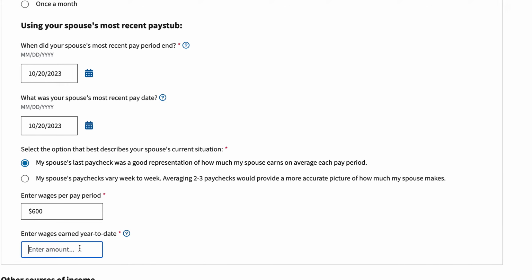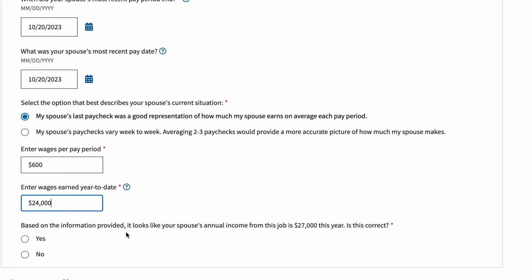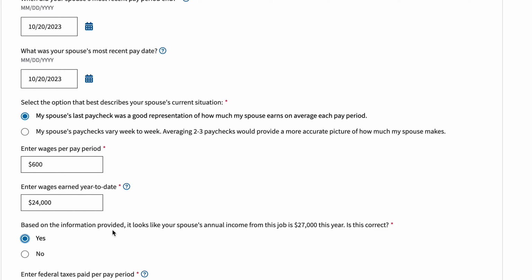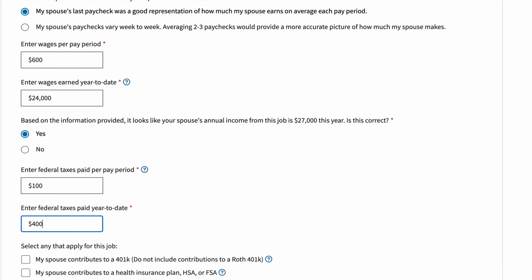So let's just say that we're at about week 40. So she's probably earned about $24,000. Yep, it looks good that she probably earned about $27,000. So we're going to say that she pays $100 a pay period, and we'll just estimate that she's paid about $4,000.